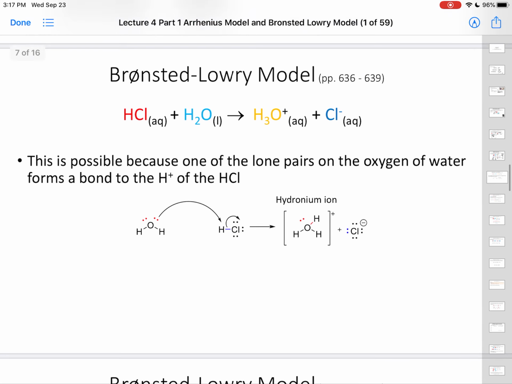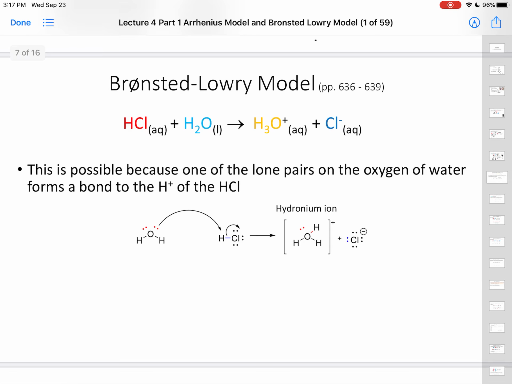So before we move on to what other things are bases in this Bronsted-Lowry model, let's look in depth at what is going on when H2O reacts with HCl. What is happening is that the lone pair of oxygen on water forms a bond with the H plus of the HCl. I've drawn a Lewis dot structure of water, and notice it has 2 lone pairs.